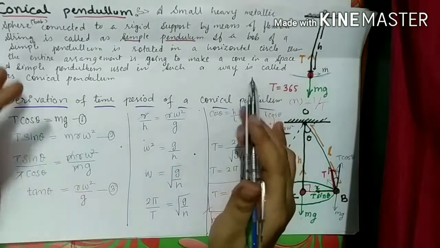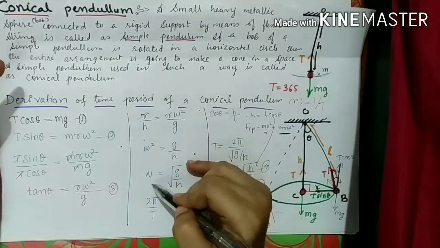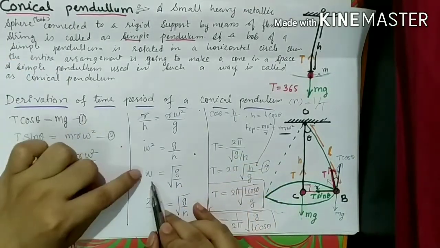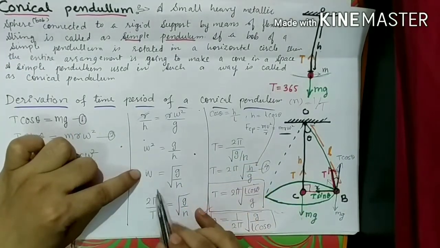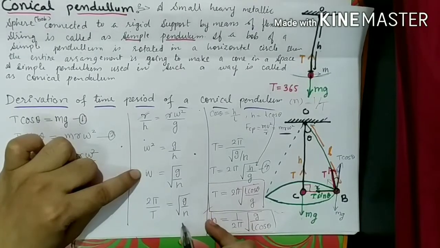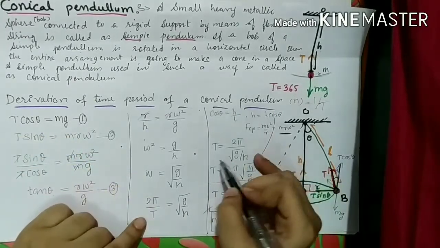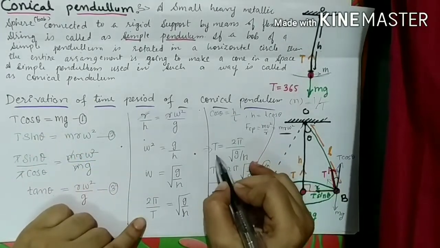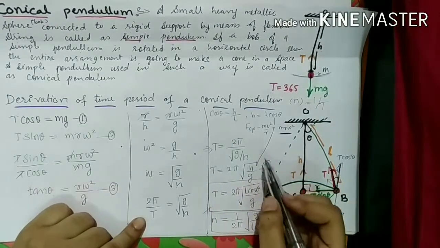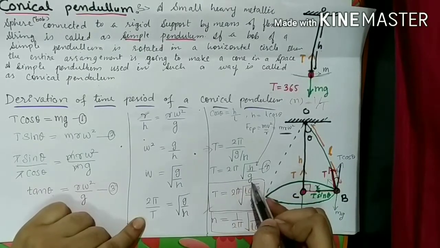R will get cancelled. We are going to get omega square as g by H. Then we will get omega as square root of g by H. Then we substitute omega as 2 pi by T, which is equal to square root of g by H. Then time period is finally 2 pi by square root of g upon H. Then time period will be written as 2 pi square root of H upon g.